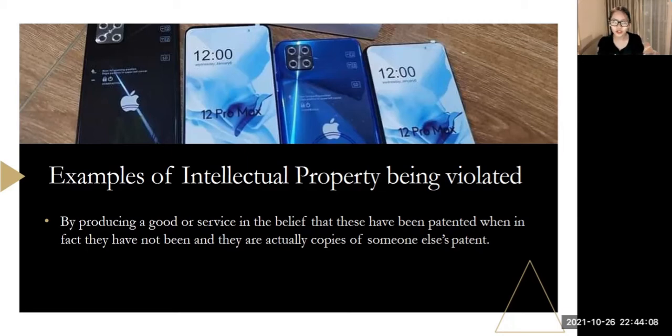Premium copy, magugulat ka, yan, 12 Pro Max na iPhone, sobrang mura. Like, bakit di ba original price around 50K to 100K yung ranging, pero magugulat ka parang bakit 10K na lang, 5K. So, yan, mga premium copies yan, ginagaya nila, pero hindi yan original.